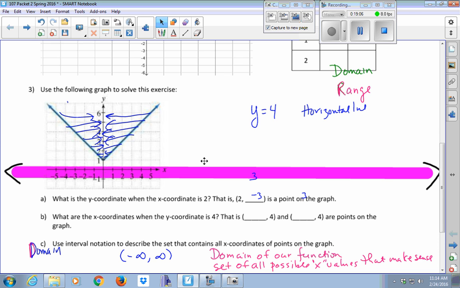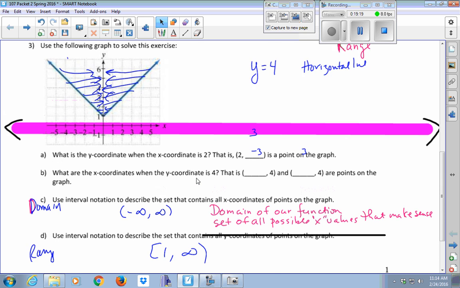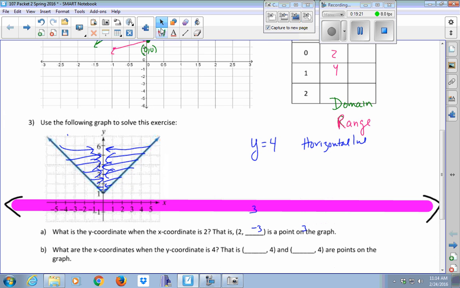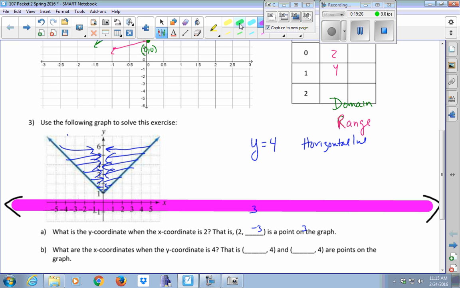1. So that means the set of all outputs, or the set of all y values, would start at 1 and go up to the heavens, because there's nothing stopping this thing. So this one would go from 1 right here all the way up forever and ever to positive infinity.